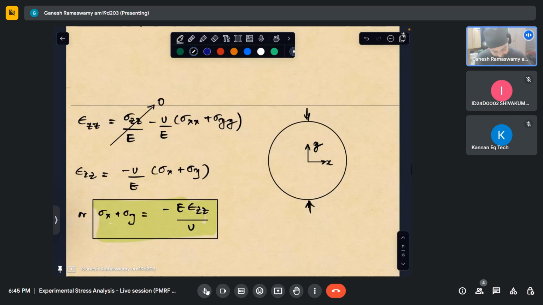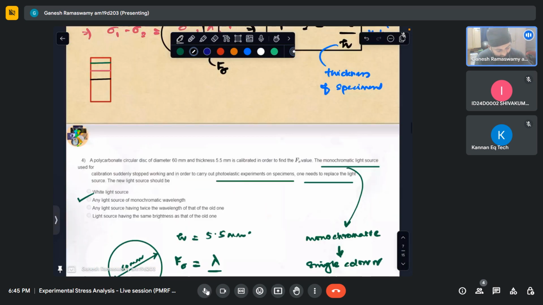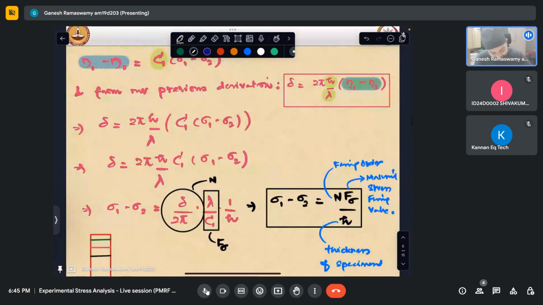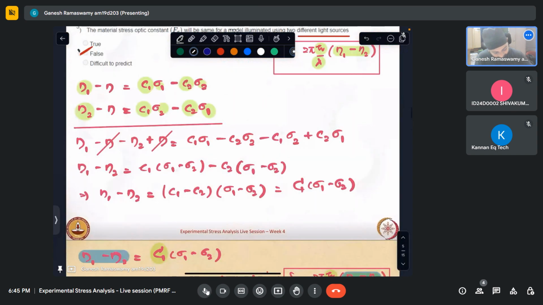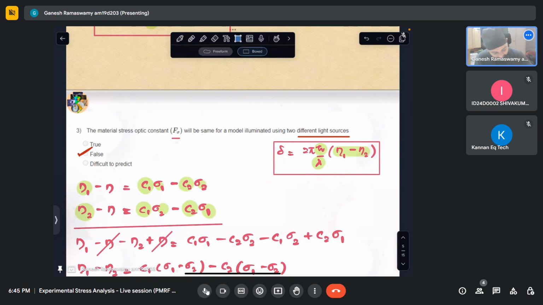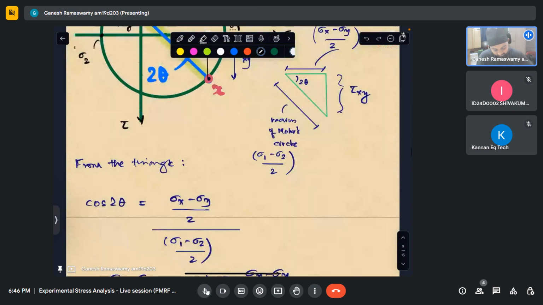We had derived it. We are able to see that isochromatics are formed because of retardation brought about by the stresses, which is a function of the wavelength, as we can see. So isochromatics are a function of the wavelength.